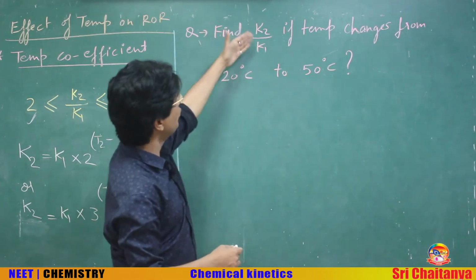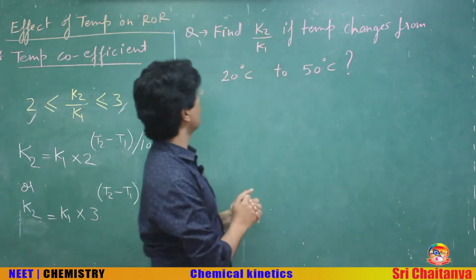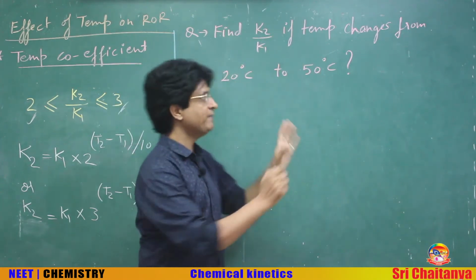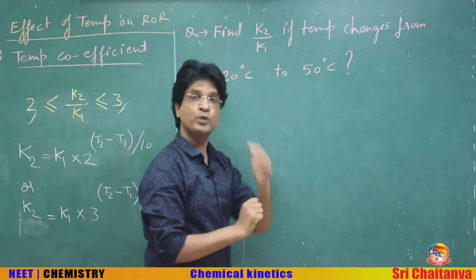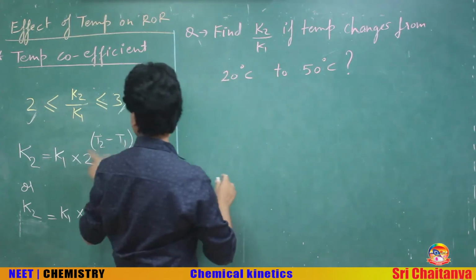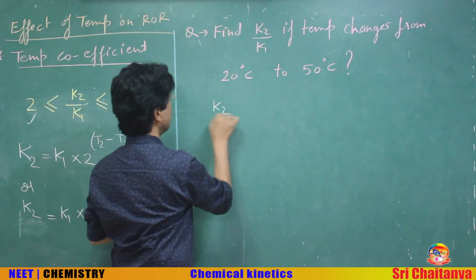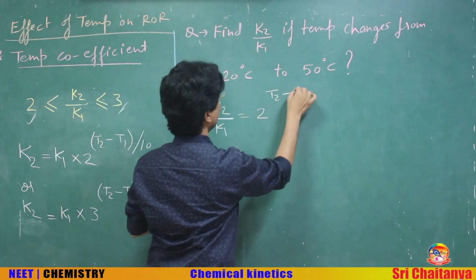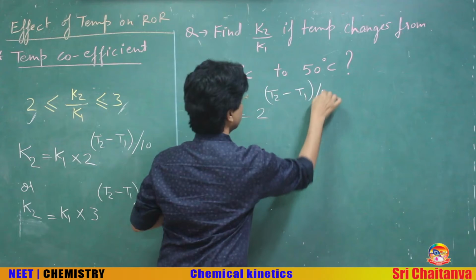Find K2 by K1 if the temperature changes from 20 degrees Celsius to 50 degrees Celsius. Now remember, if they do not provide you any other information, you have to assume that the temperature coefficient is 2. So from this formula, I can say that K2 by K1 will be 2 to the power of (T2 minus T1) divided by 10.